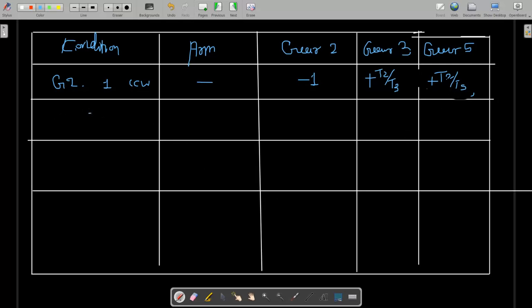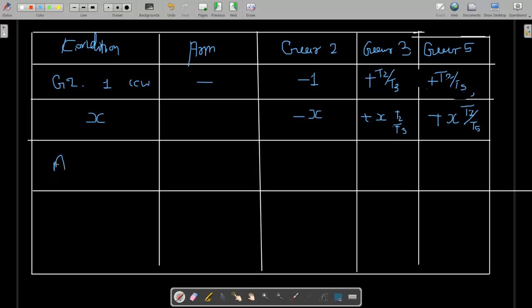Now we assume gear 2 rotates x rpm; measured counterclockwise it is minus x rpm, and gear 3 gets plus x times T2 by T3, and gear 5 gets plus x times T2 by T5.